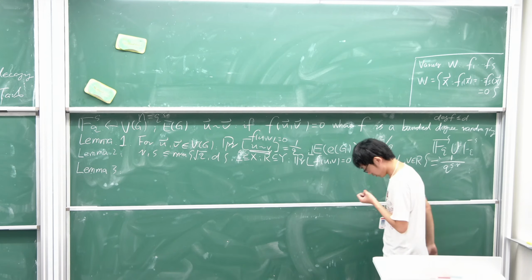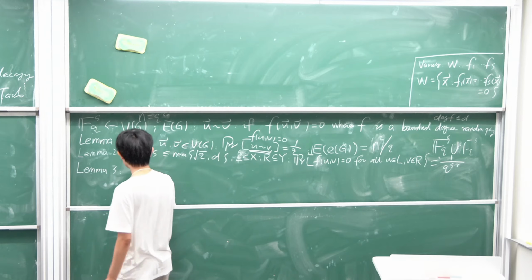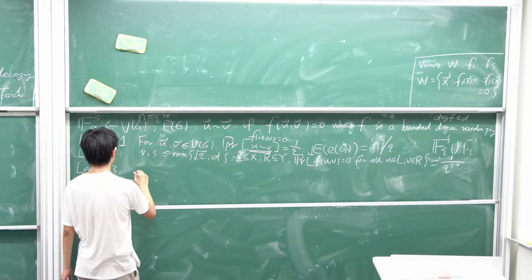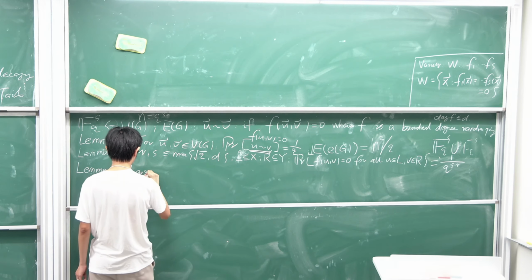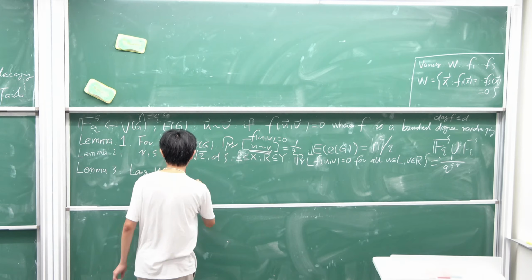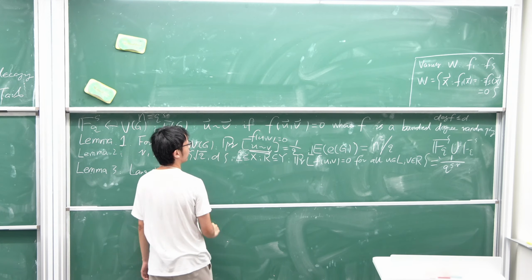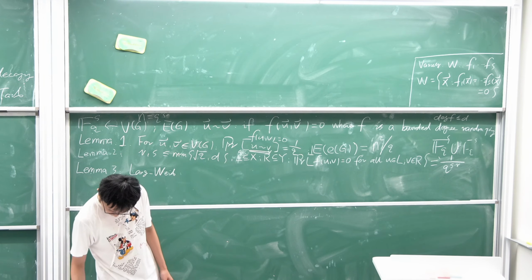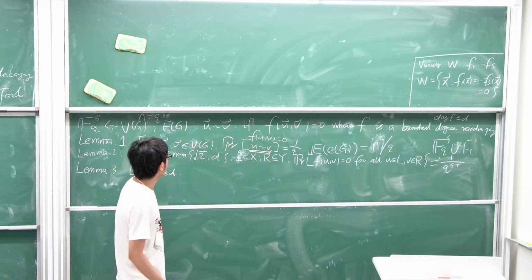The third lemma tells us about the variety, what we usually call the Lang-Weil bound.